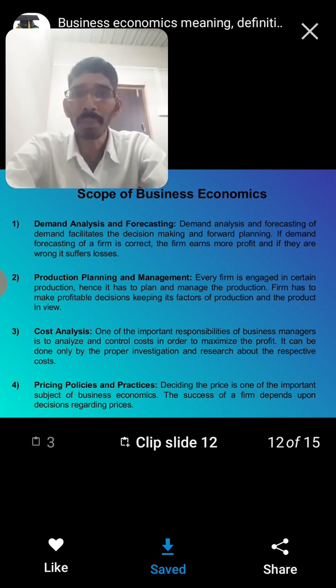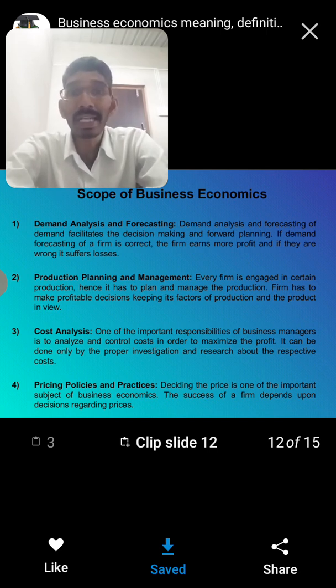If the demand forecasting of the firm is done in the right way, the firm earns more profit. Otherwise it incurs losses, because it did not properly analyze the demand for the products in the next year.